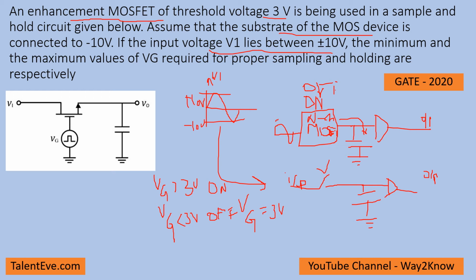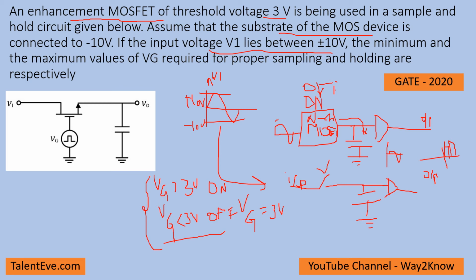So it is called sampling and holding at that specific voltage for a period of time. The output of a sample and hold circuit for the actual analog signal would be this way. That's an example. Considering the MOSFET operation, when Vg is greater than 3 volts it is on, and when it is less than 3 volts it will be off.